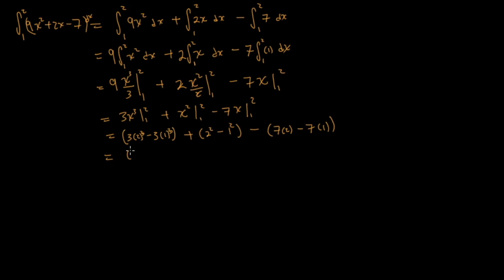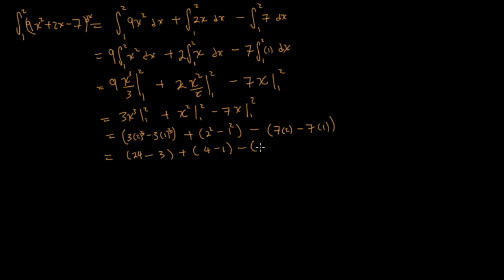Okay, so 2 cubed is 8, times 3 is 24. And then moving on over here, minus 3, plus 2 squared is 4, 1 squared is just 1, so 4 minus 1.